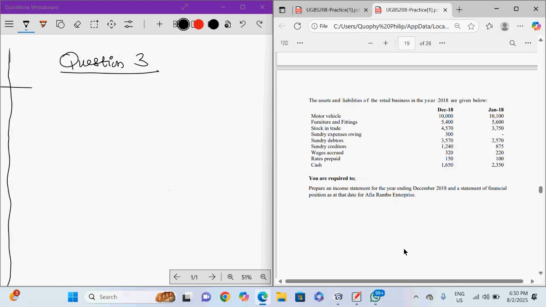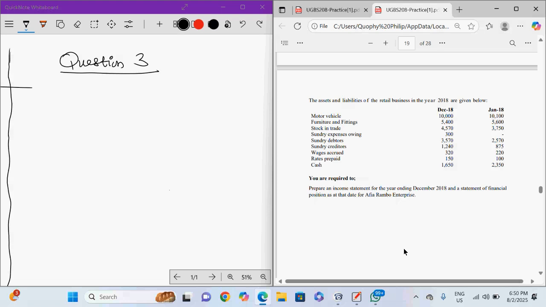Okay. The assets and liabilities of the retail business in the year 2018 are given below. Motor vehicle 10,000 and 10,100. Furniture and fittings 5,400.